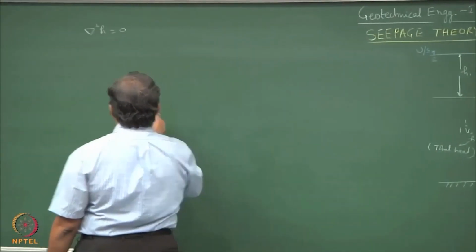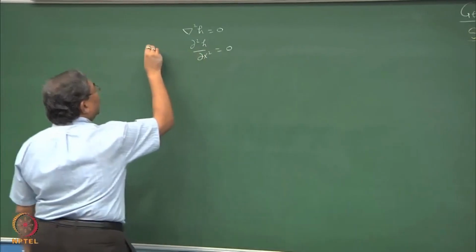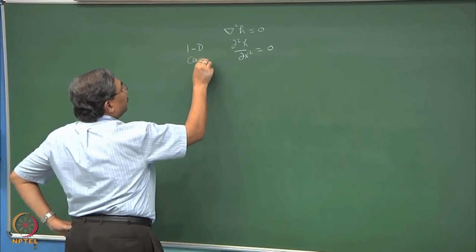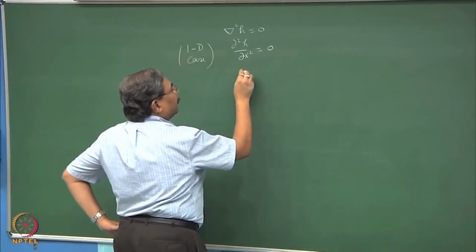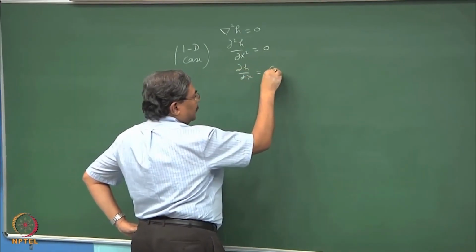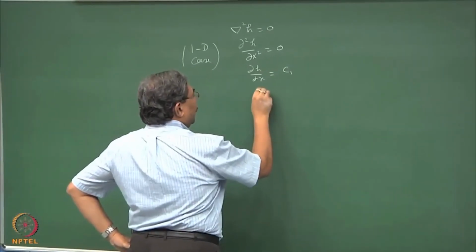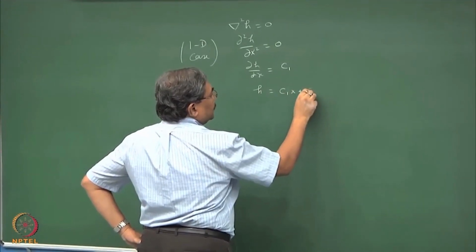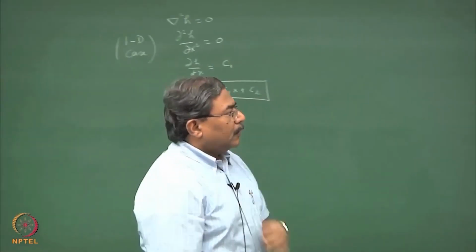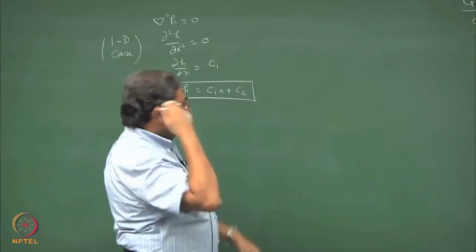So, suppose I consider the one dimensional case, this will be del h upon del x equal to C1, or if I further integrate it, I can say h equal to C1 x plus C2. All right. So, using the Laplace equation, I can also solve these problems.